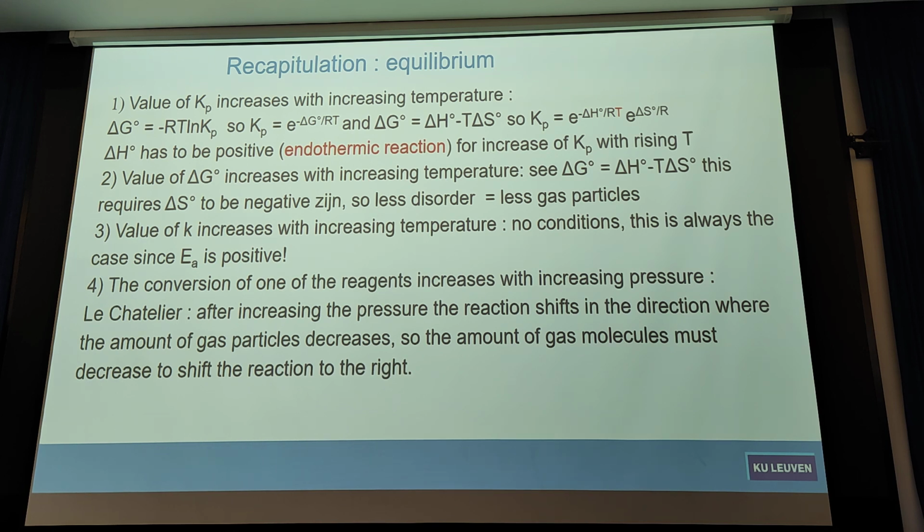So in that case, Kp will actually increase when the temperature is increasing. You see here some formulas that express the same. And in fact, only the part where delta H is included has a temperature-dependent part. So entropy has nothing to do with the Kp increase with temperature.